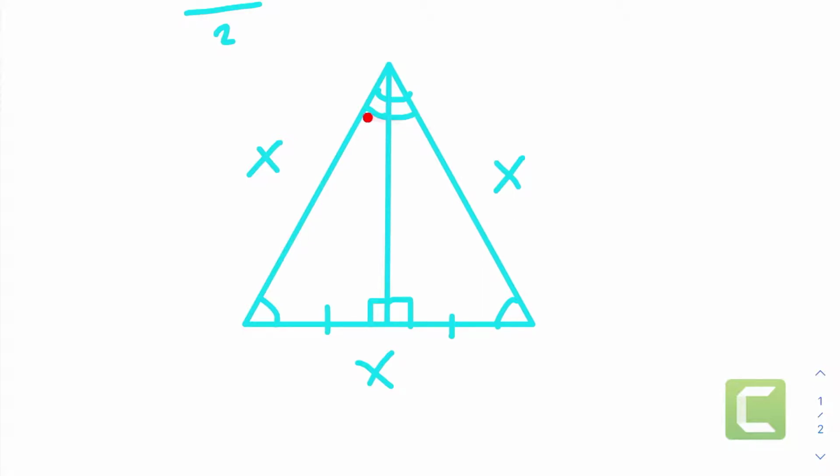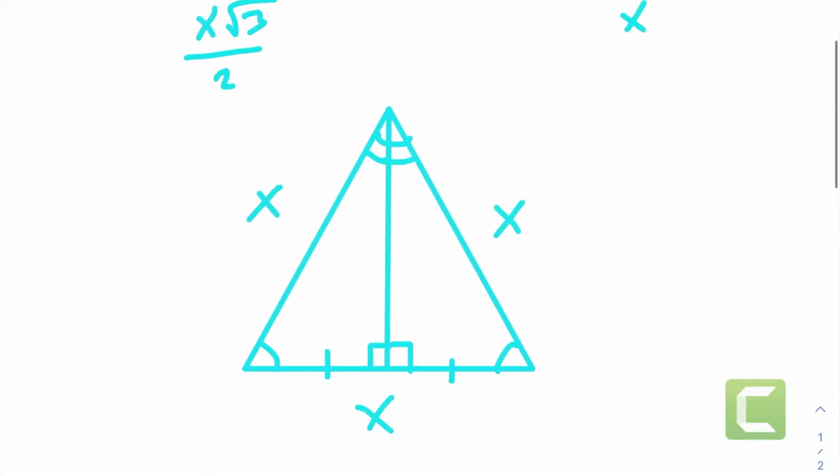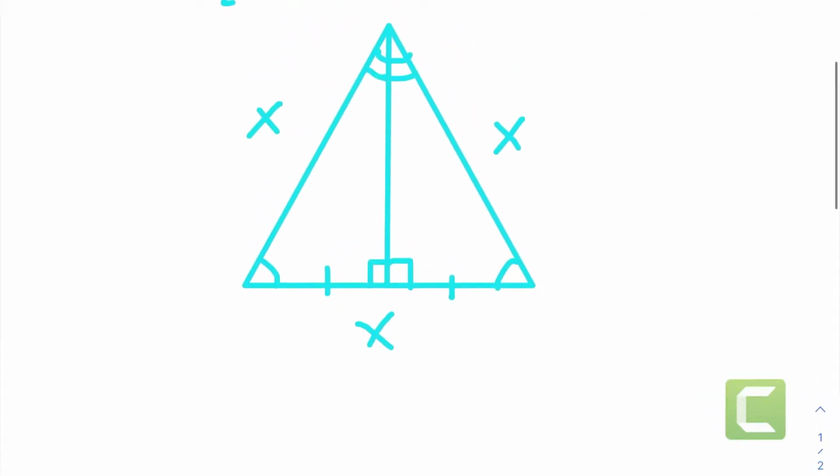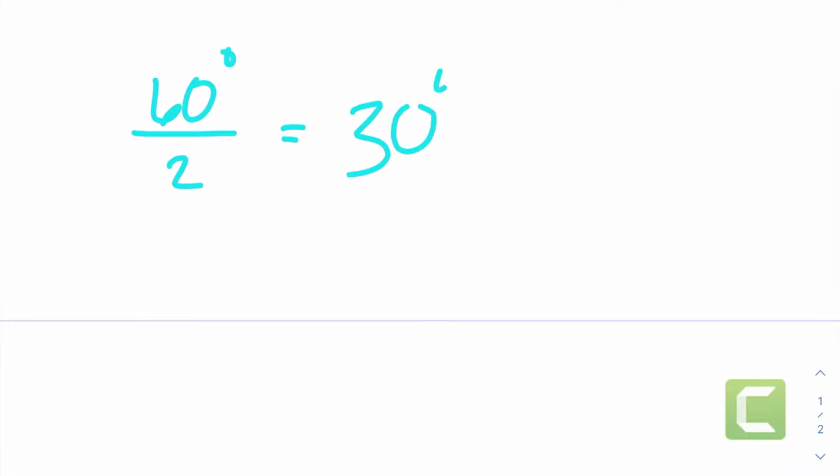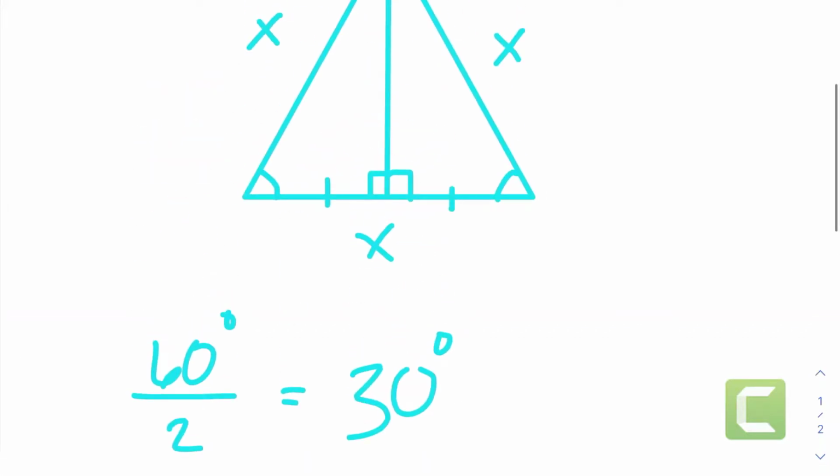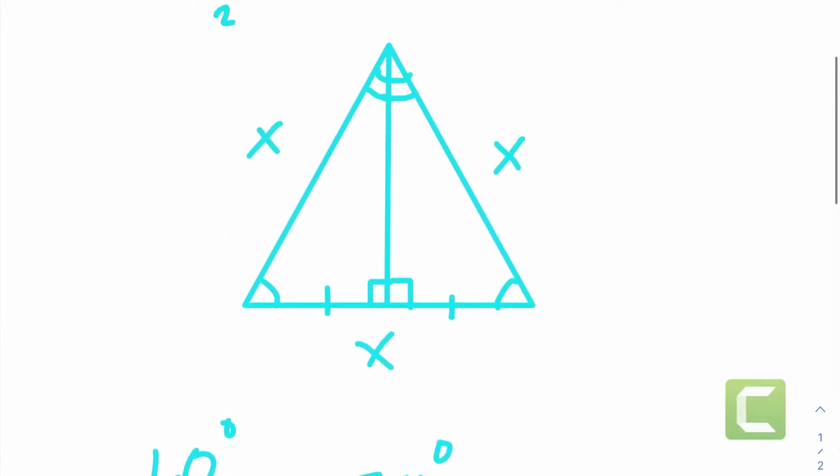If these two angles are congruent, then they must both be half of the original angle, which is 60 degrees, because the angles of an equilateral triangle are all 60 degrees. So 60 degrees over 2 is equal to 30 degrees. And obviously these angles are still 60 degrees. So we have two 30-60-90 triangles.